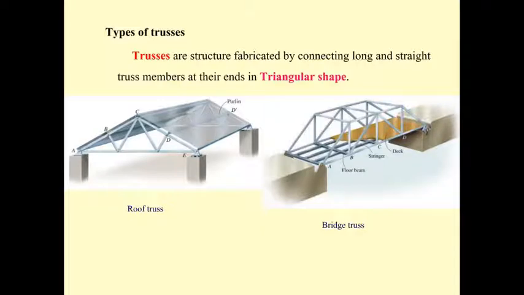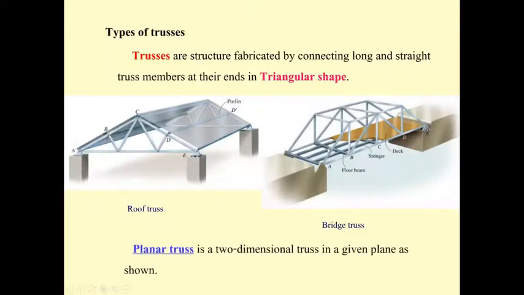Okay, you may see the roof truss and the bridge truss. When we build them into the building or the bridge, the structure is in 3 dimensions. But luckily, we can assume and consider only one truss.